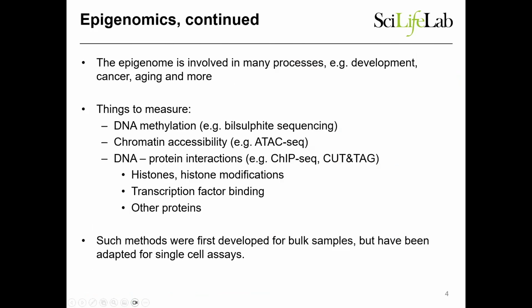Okay, so as I just said, the epigenome is involved in many different processes, like development. Also, when it goes wrong, it can lead to cancer. It's implicated in aging and many diseases.